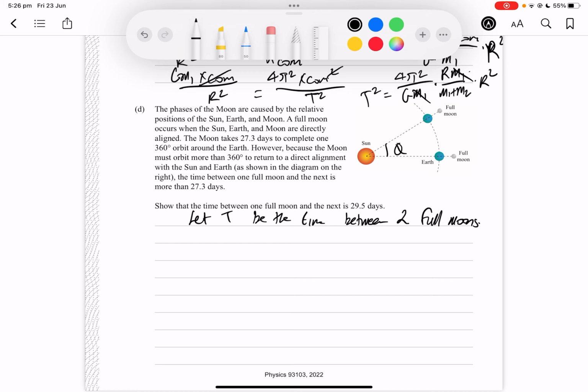And we know that the number of revolutions traveled would just be the time divided by the period, in this case t divided by 27.3. So that's the total time between two full moons divided by 27.3. This will give us the expression for the number of revolutions the moon has traveled around the Earth.